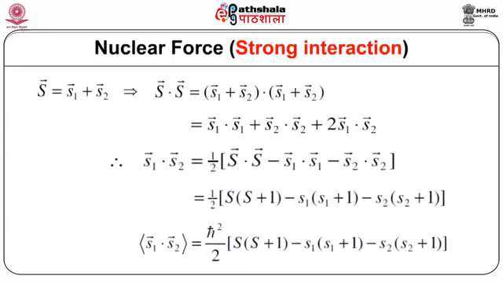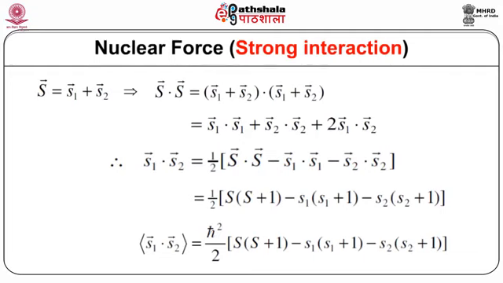Now in this slide, we are going to discuss the possible components of the spin term in the nuclear interaction. As we have seen in the previous slide, not all combinations of S1 and S2 are possible. The only possible components are S1 dot S2 and S1 squared dot S2 squared. So in this slide, we are going to find the expectation value of the S1 dot S2 component.